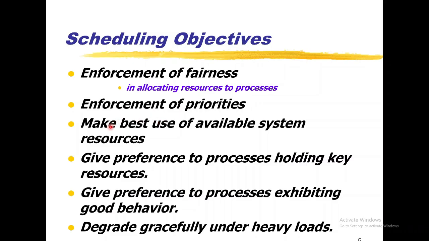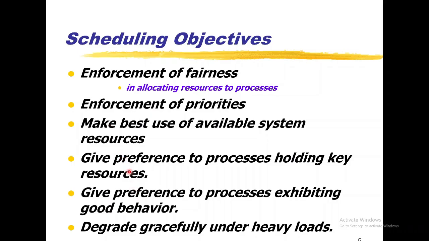Another reason why we use schedules is to make best use of available system resources. It's not good for system resources to be idle when there is a process that needs to work. The CPU cannot be idle when we have other processes that are supposed to be executed.